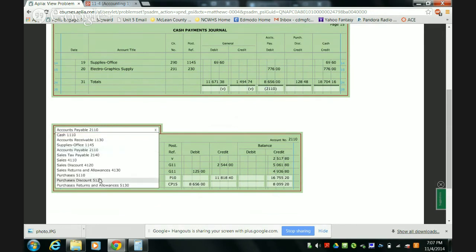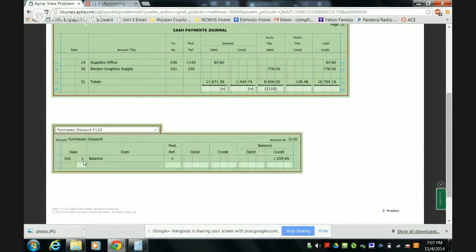Purchases, discounts, credit. On the 31st, once again from CP15, I've got a credit of $128.48. Purchases discount is a contra account, so it's going opposite of purchases.